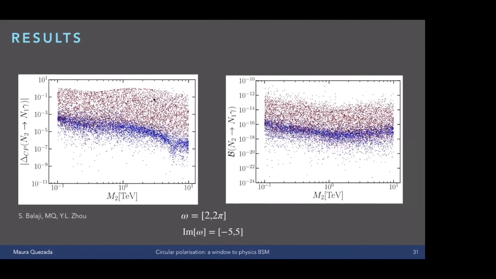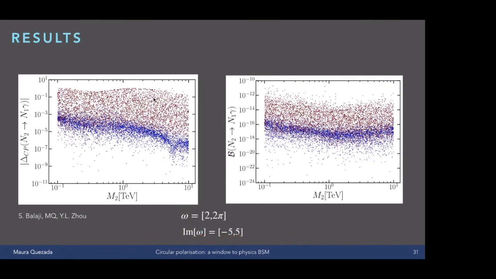Finally, we made a scan of these quantities, delta CP and the branching ratio. The blue points here correspond to the case where we have used only a phase set to be real, and the red dots correspond to the case where we include an imaginary component to the Casas-Ibarra phase that goes from -5 to 5.